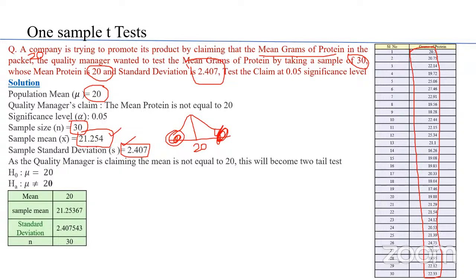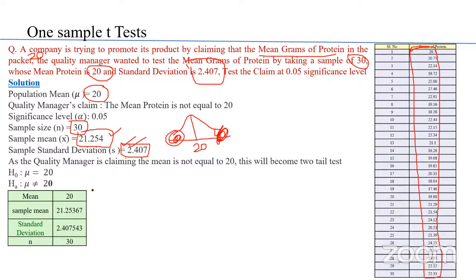The sum of all observations divided by the total number of observations, 30, will give us the mean. I'll share the Excel sheet where the calculation has been done. It comes to 21.254.